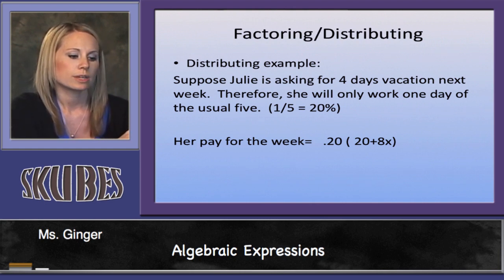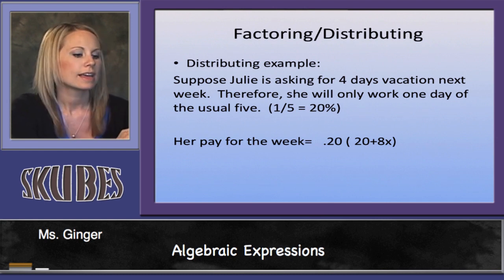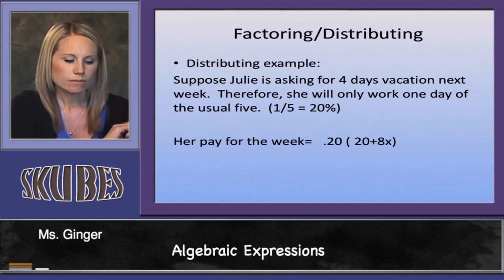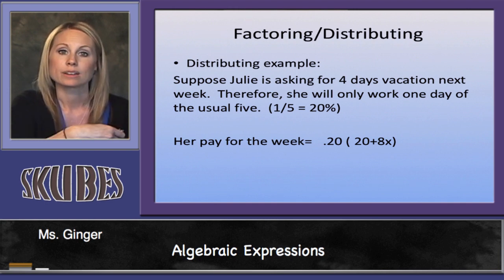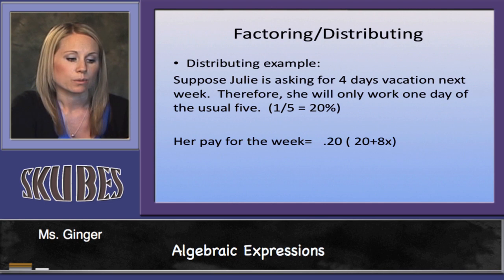So suppose Julie is asking for 4 days vacation next week. She only wants to work 1 day. And so that means she's going to work 1 out of the 5 days that she would normally work. So to write that out in an expression, if we're still using that same expression, her pay is going to be 1/5 of what it normally is.